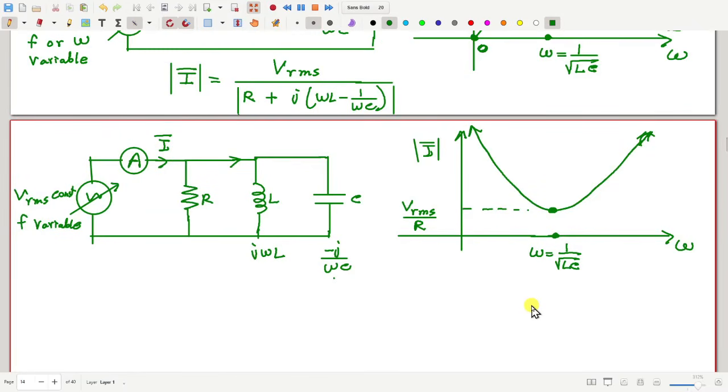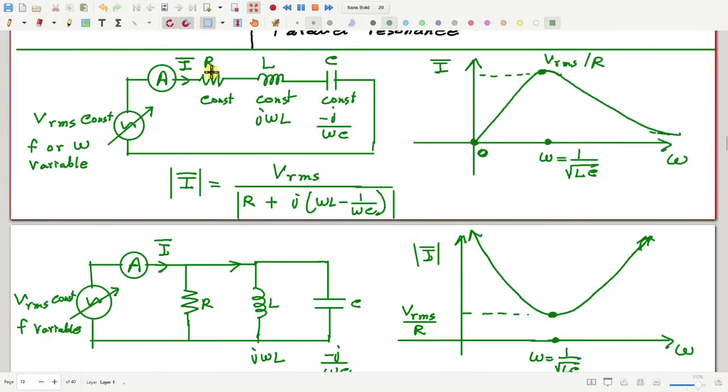Now let us do one more thing. Let us draw a phasor diagram expressing the voltages and currents.